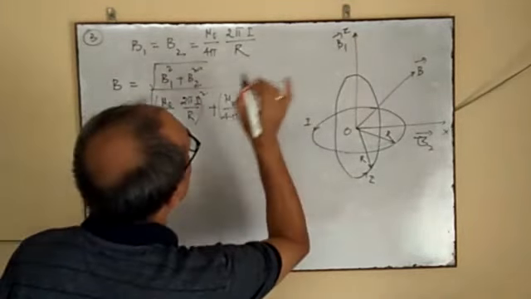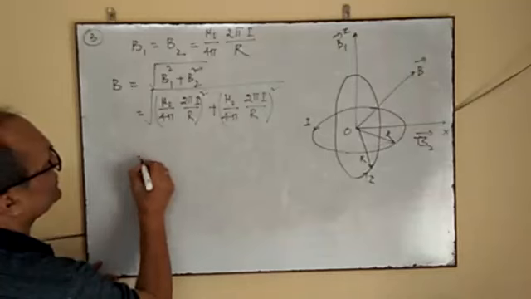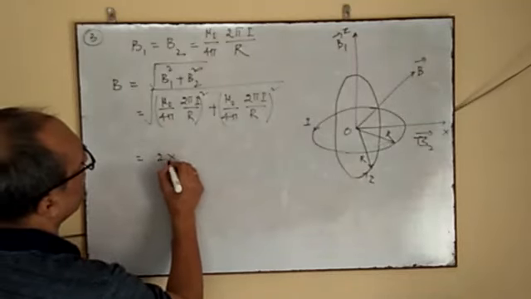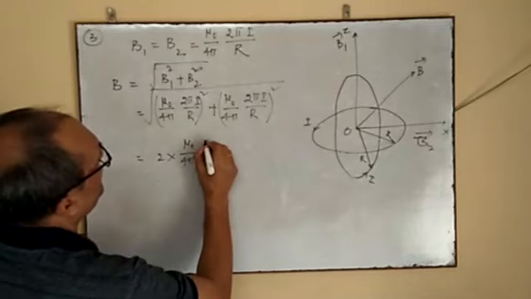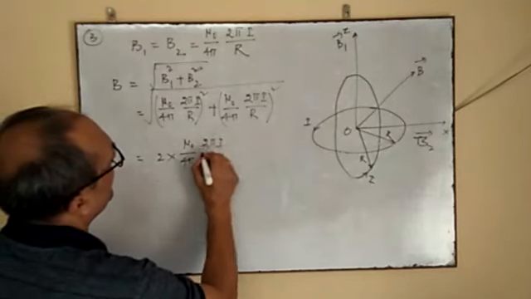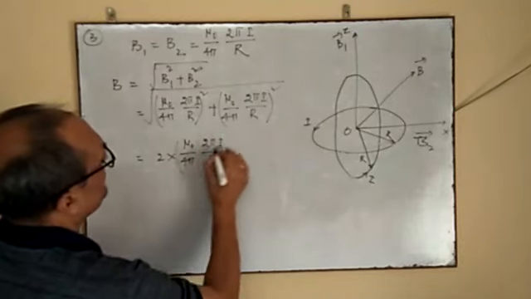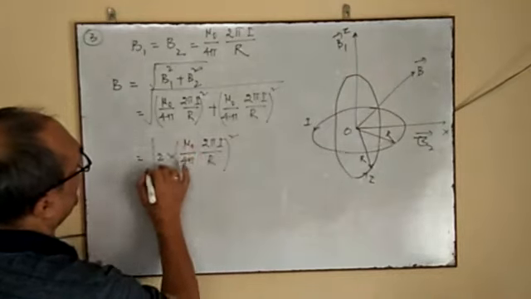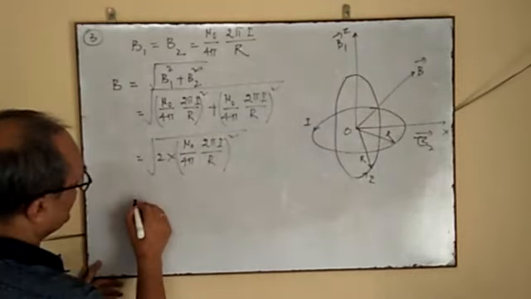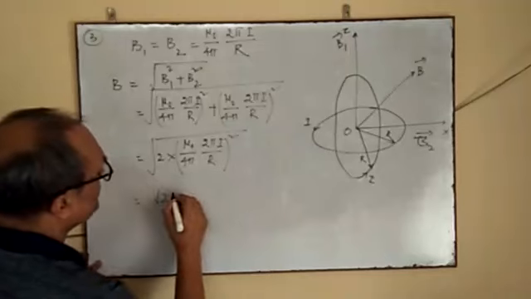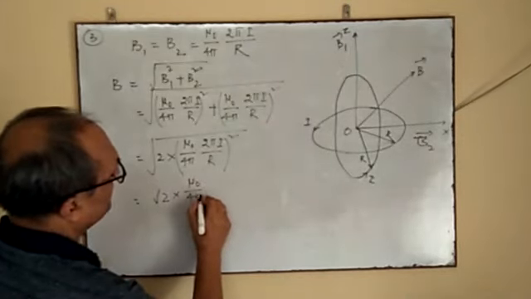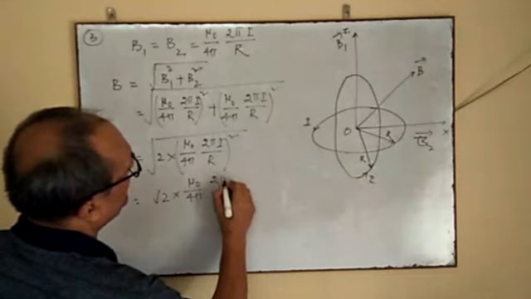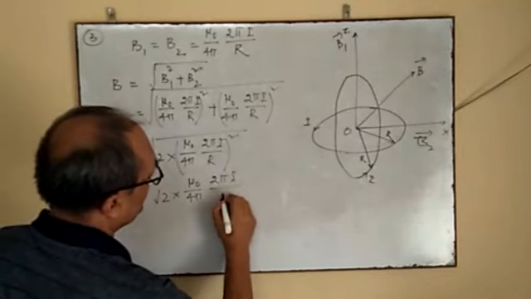Now this equals square root of 2 into (mu naught by 4 pi 2 pi I by r) whole square, and this equals root 2 into mu naught by 4 pi 2 pi I by r.